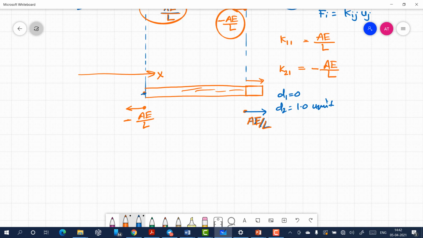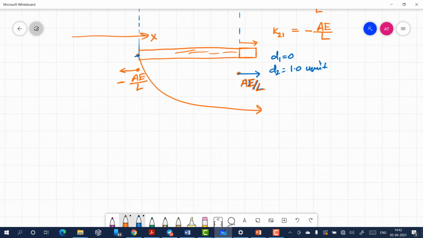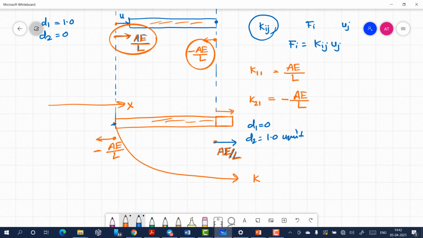Now let us look at the stiffness values. So this one here is K because of displacement applied on the second node, right? Here we got this one as stiffness at node number 2 because of displacement at node number 1.